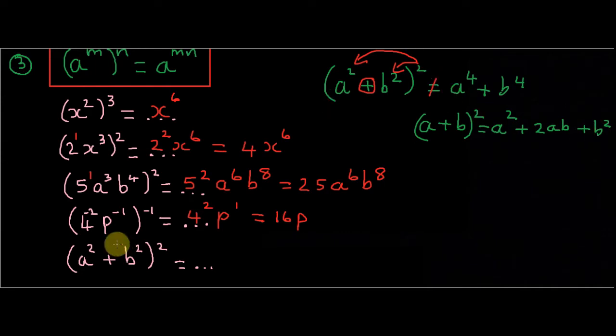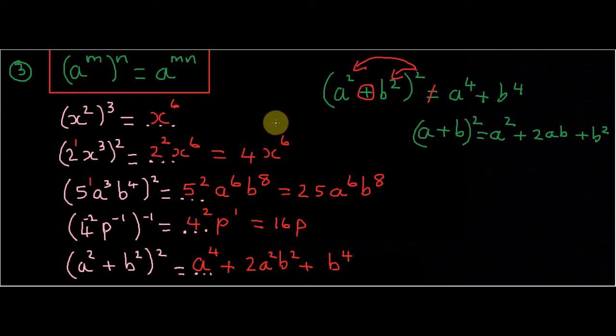So if you apply it here, then it's going to be a squared all squared, so a to the 4. The sign over here. And we'll go a squared times b squared times 2, so it's 2a squared b squared. And then b squared all squared is b to the 4.